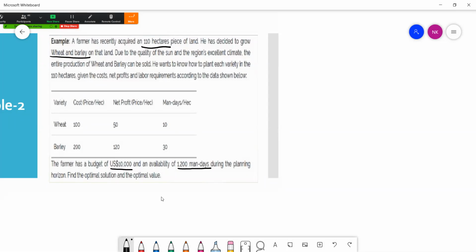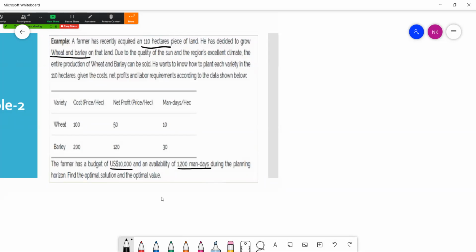The specifics have been given: the cost price of wheat is 100 and that of barley is 200, and the net profit is 50 and that of barley is 120, and likewise the man days are also given per hectare. So he's asking us to find the optimal solution and optimal value.